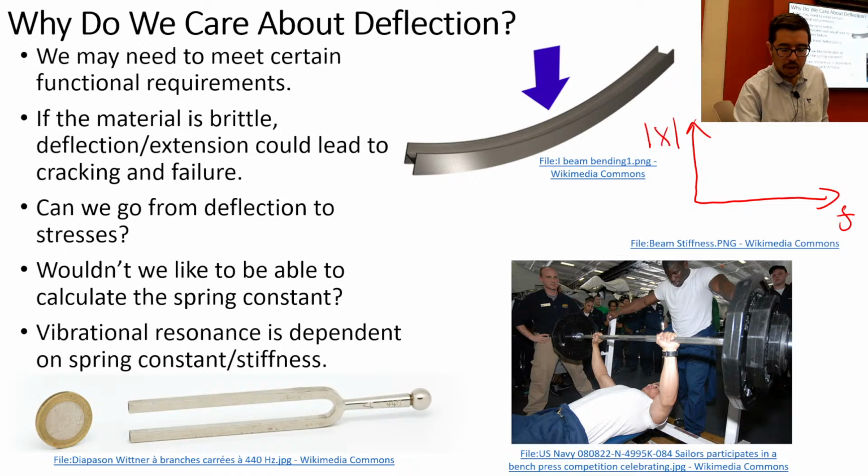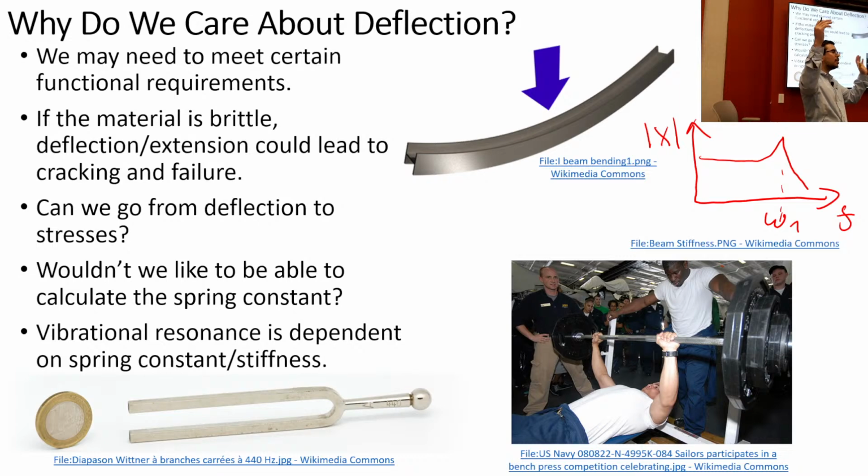What happens is you go up to a resonant frequency, and that's what we often call omega n or Fn. And then it's resonating, but after you go past that resonance, you get a major decrease in the amount.